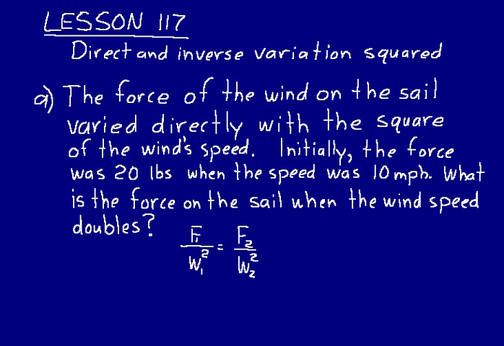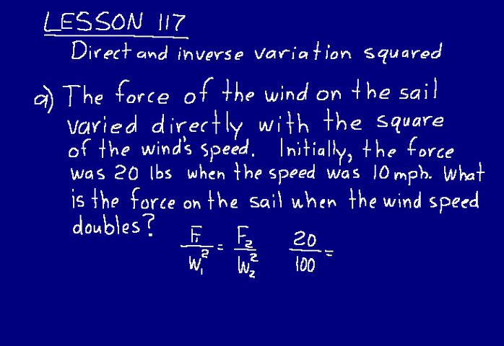Now it says that initially the force was 20 pounds on that sail when the speed was 10 miles per hour. So we can go ahead and substitute that in for our initial values. The force was 20, so that's 20 over 10 squared, so that would be 100. And so set that equal to, what is the force? We're trying to find F2, so we don't know that.